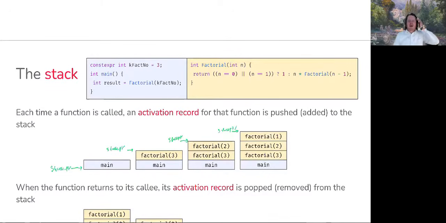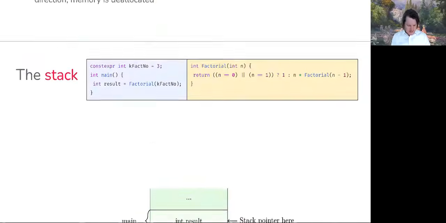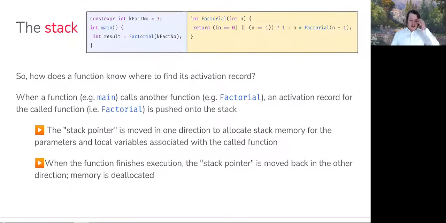And the question then becomes, how does this help us determine where, say, factorial of 1's activation record is when we're executing code for the instance of factorial of 1? Well, let me scroll back down here. It's too far.